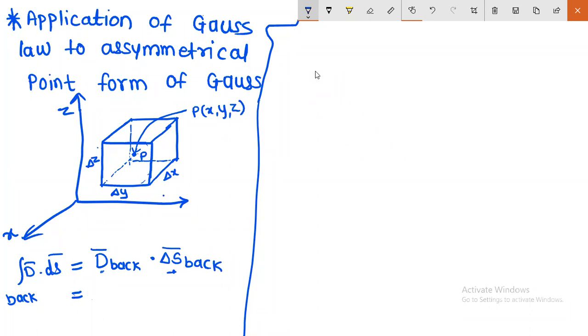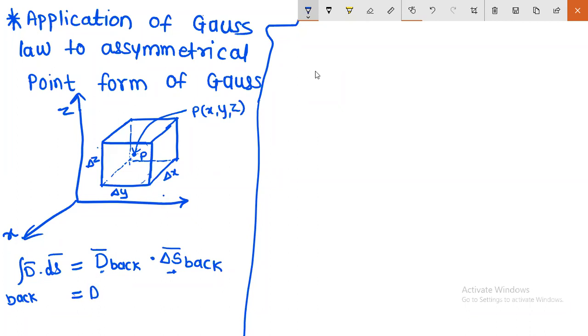Okay, that's why, because we considered point P at the center, and when we consider the back surface, that time it will be entering from that back. Okay, entering from that back, that's why it is considered plus a bar x. Okay, plus a bar x.